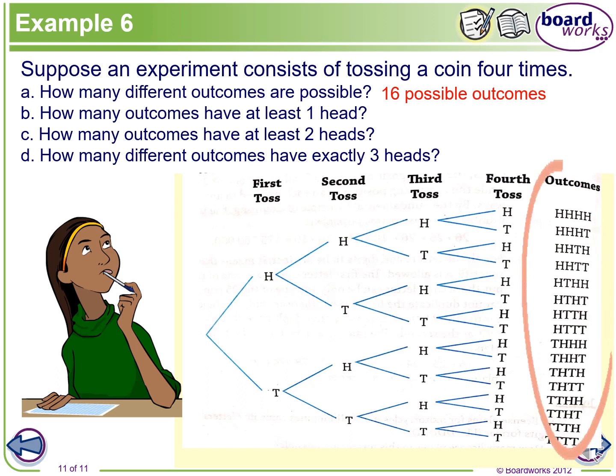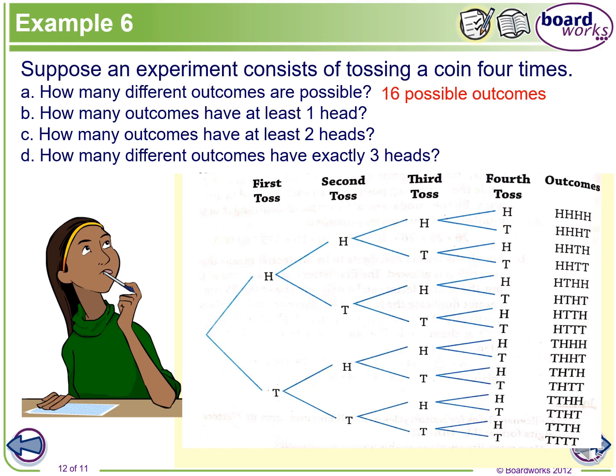Okay. So in letter B, how many outcomes have at least one head? It could be 1, 2, 3, or 4 heads. So we will count.